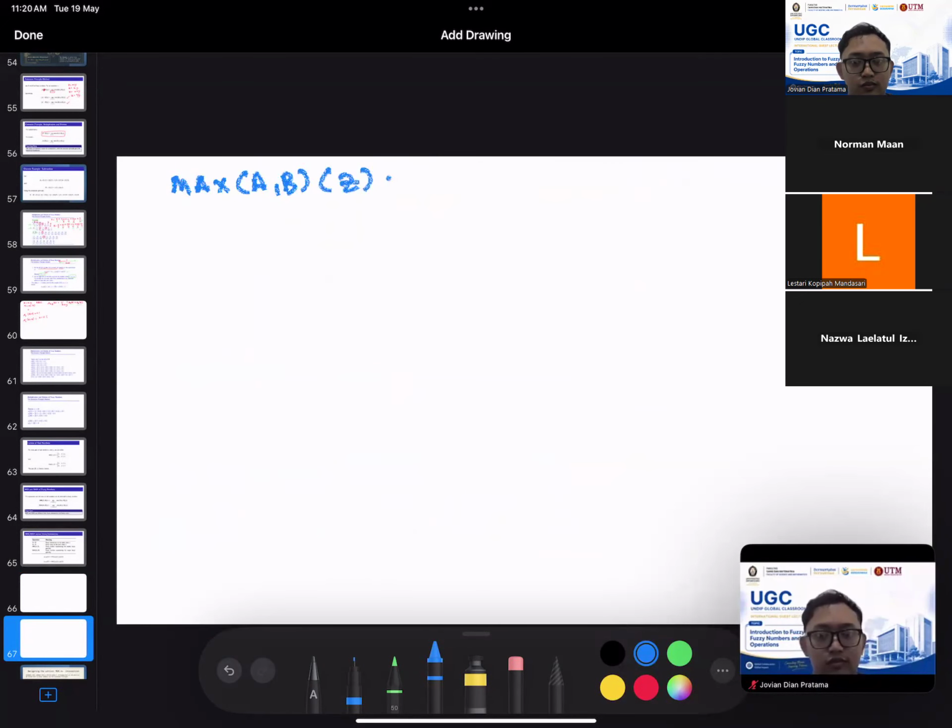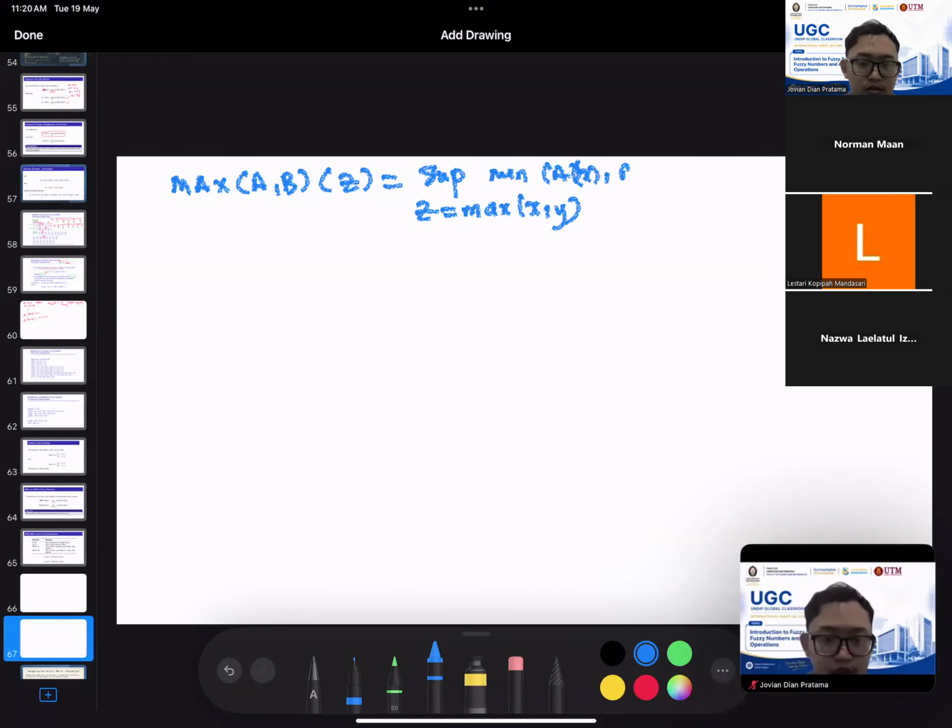The supremum: z is obtained by choosing the maximum over x and y of the minimum of A(x) and B(y).